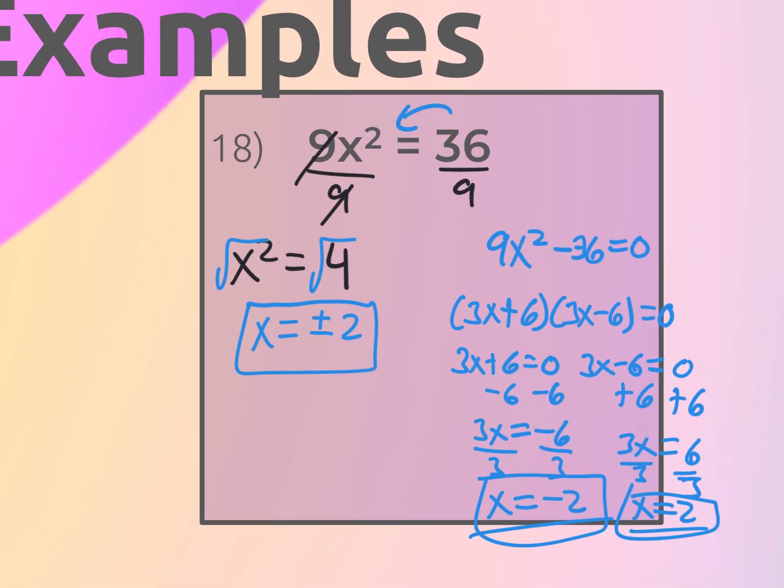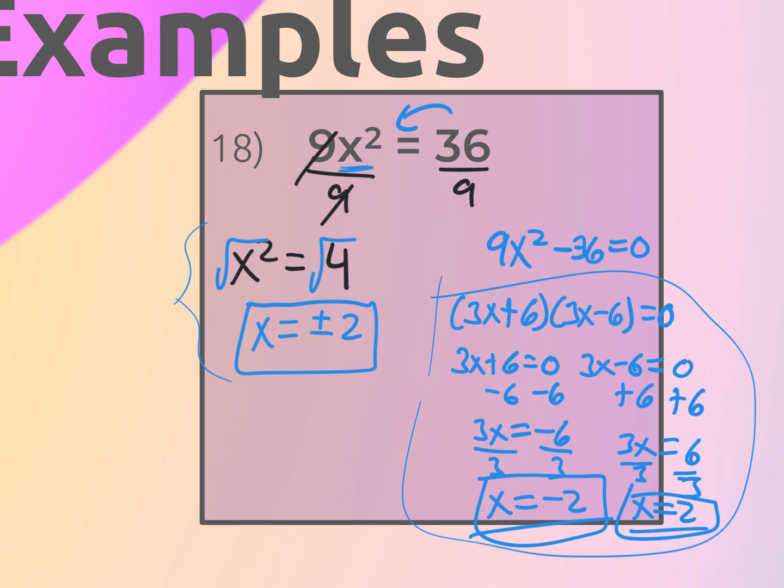But notice that just by taking the square root of both sides, it made it a little bit shorter. I feel like I would much rather do something like this than to do all of this work, even though it works just as well. You get the exact same answer. But if you can recognize that you're able to take a square root, and remember, you can only take a square root of an x squared if you only see an x squared.